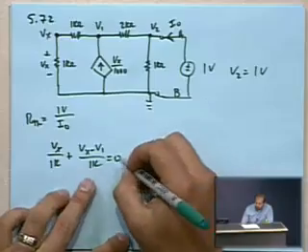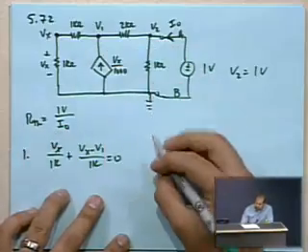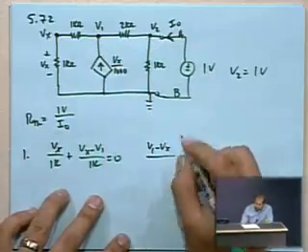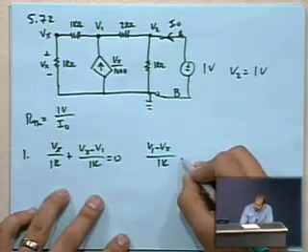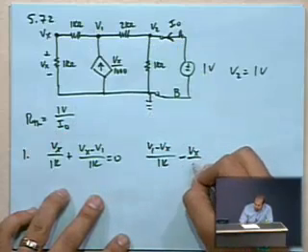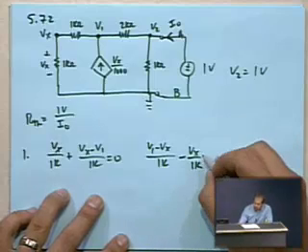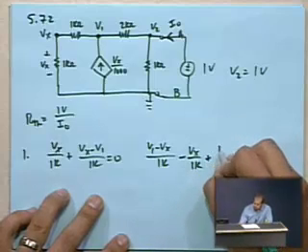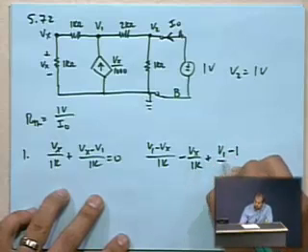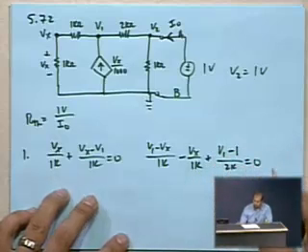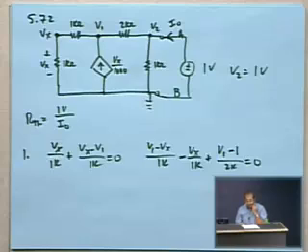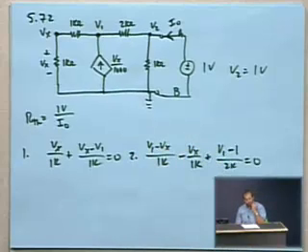Then at V1, we write the equation V1 minus Vx over 1k minus Vx over 1k plus V1 minus 1 over 2k equals 0. So 2 equations, 2 unknowns. So we can try to simplify these equations and solve for the parameters that we need to.